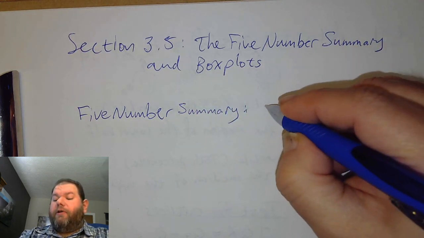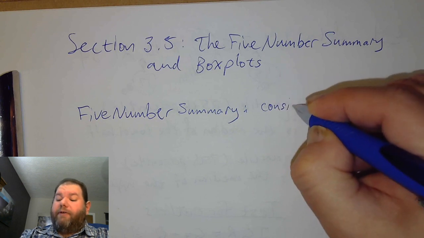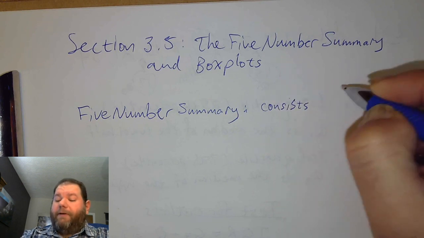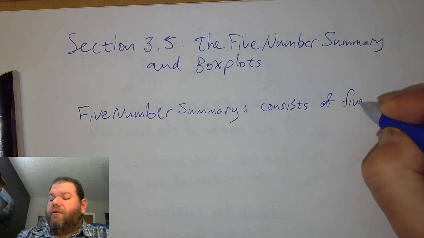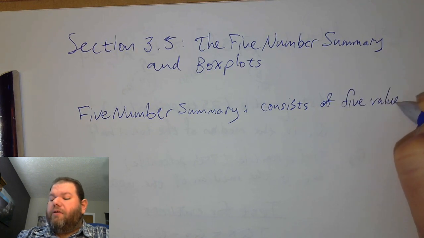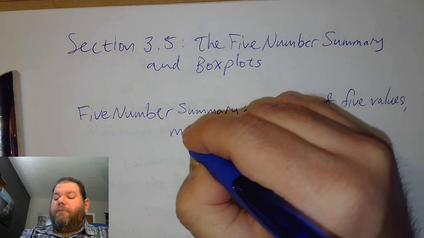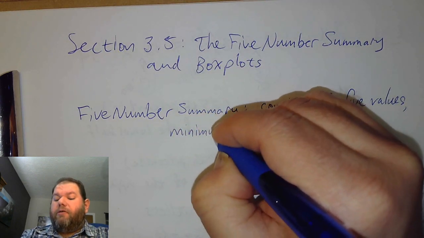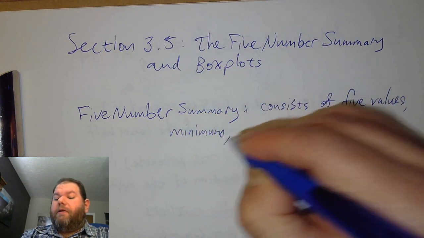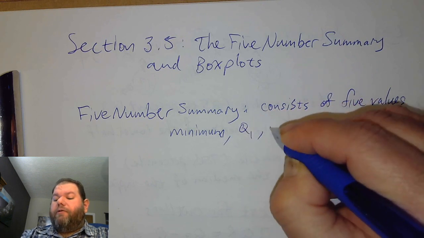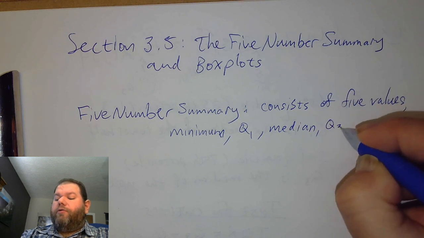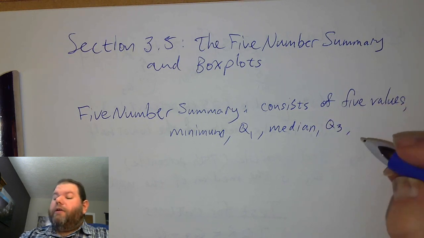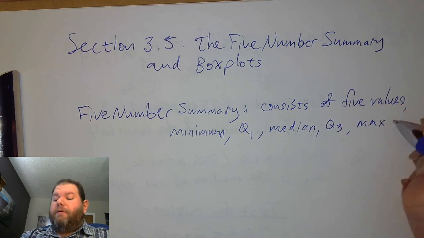Five-number summary consists of 5 values, as we may suspect. And these are the minimum, the Q1 value, the median, the Q3 value, and the maximum.